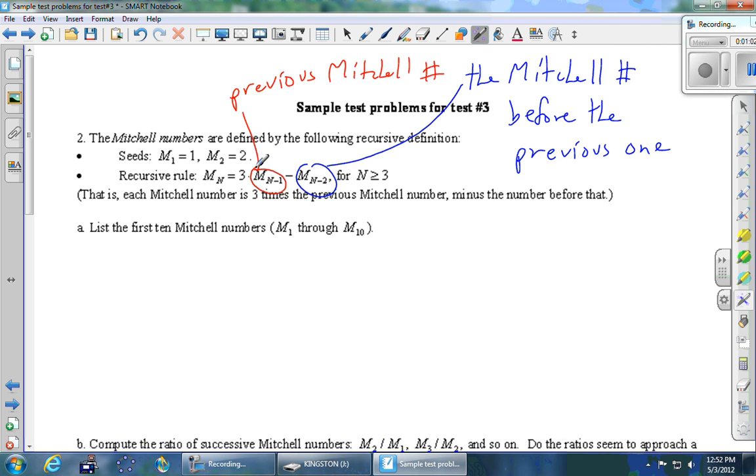So this equation means that if you want to get a certain Mitchell number, you take 3 times the previous Mitchell number and you subtract the Mitchell number before that. And that's what that little sentence there says in the parentheses.